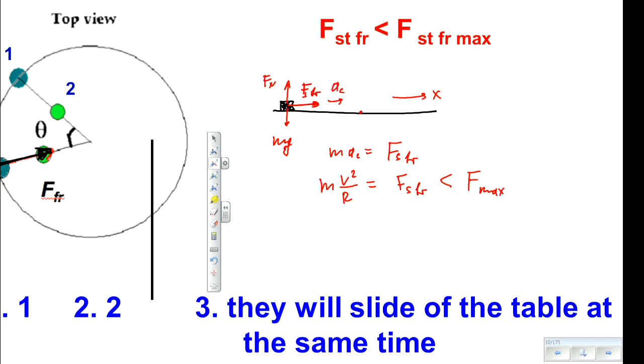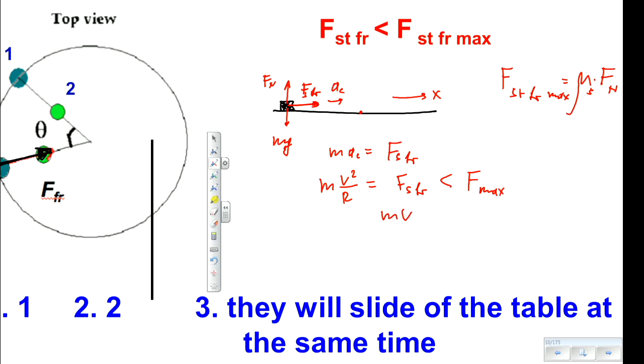We don't really need that equation, but for curious people, the equation for the maximum value of static friction is exactly the same as for kinetic friction. This coefficient, though, might be different from kinetic. But it doesn't matter.